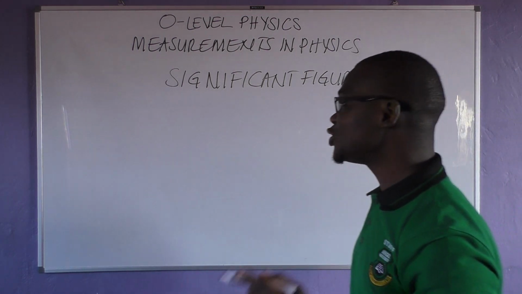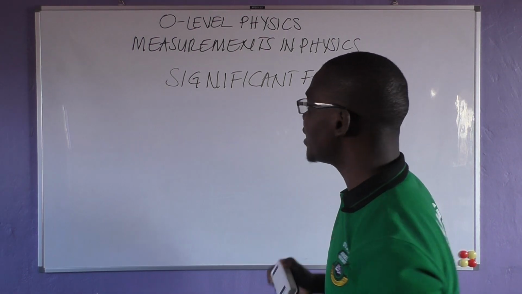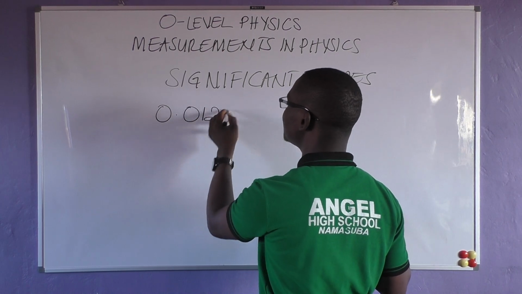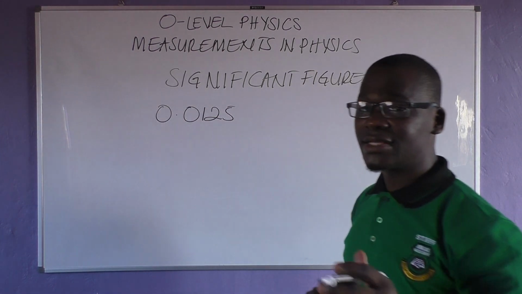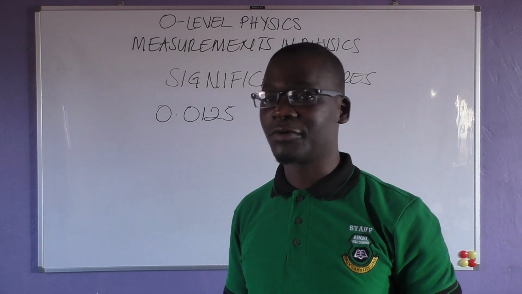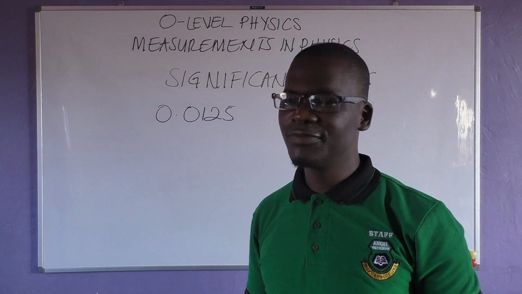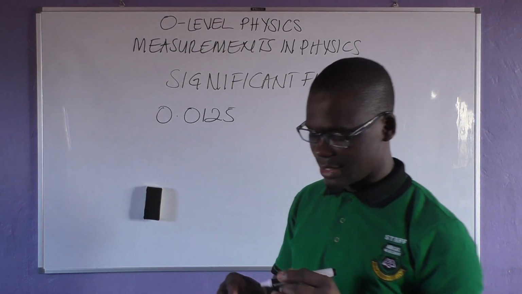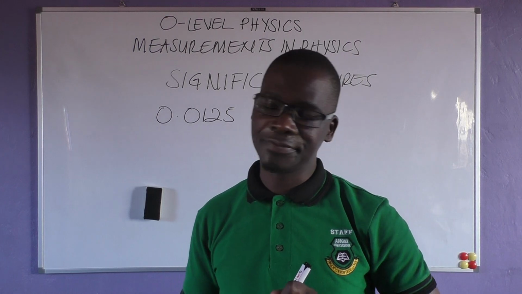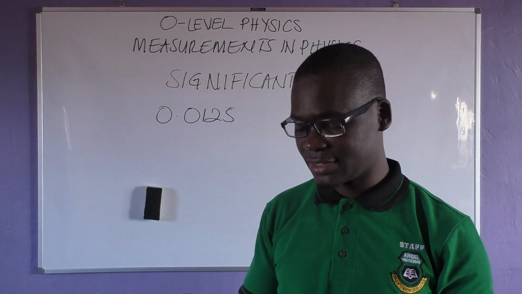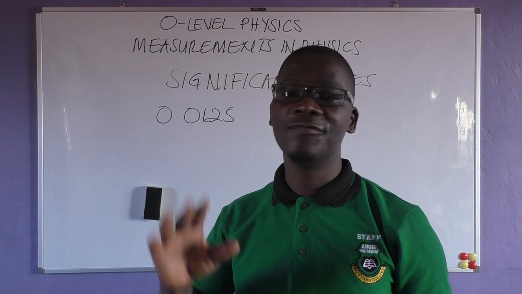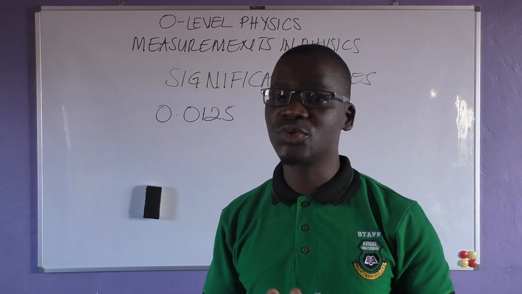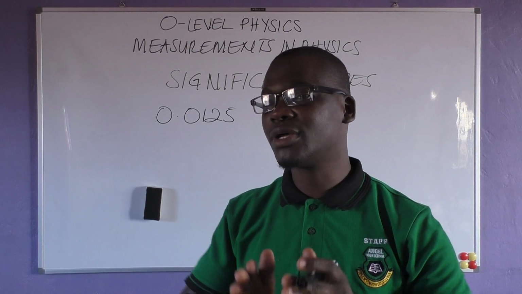So, assuming we have our number as 0.0125 and we want to write it in scientific form or scientific notation. First of all, what's the importance of writing numbers in scientific notation form? That helps us to express very big values or very small values in a simple form.